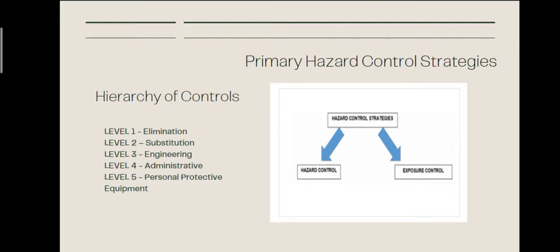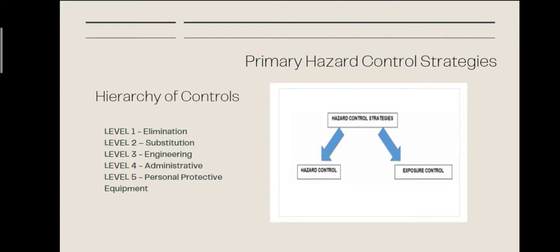For level 1, which is elimination, it mainly means to physically remove the hazard. For level 2, which is the substitution, it is to replace the hazard. Level 3, engineering controls, states that we must isolate people from the hazard.